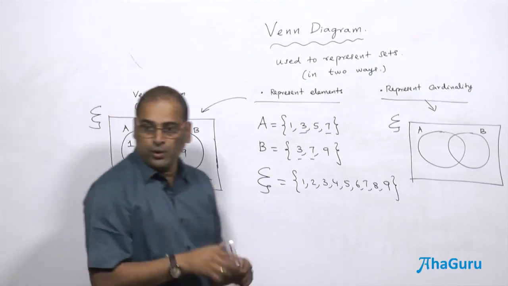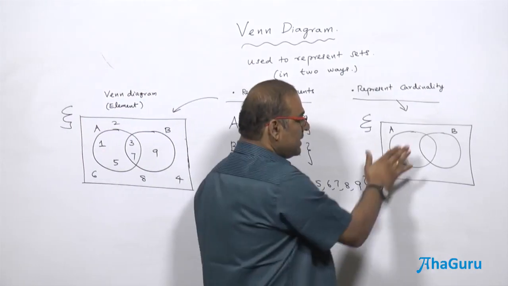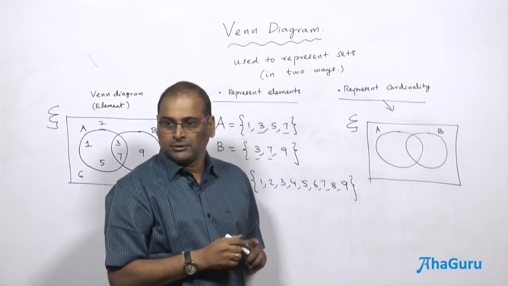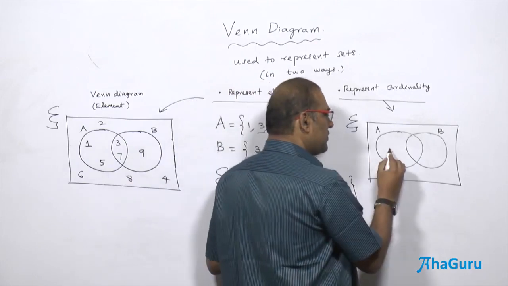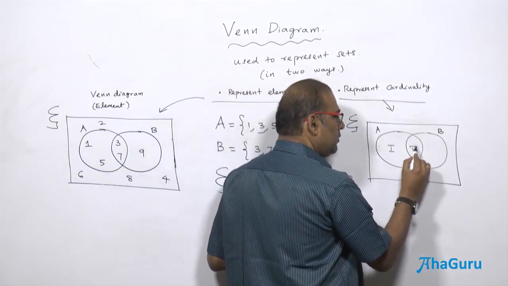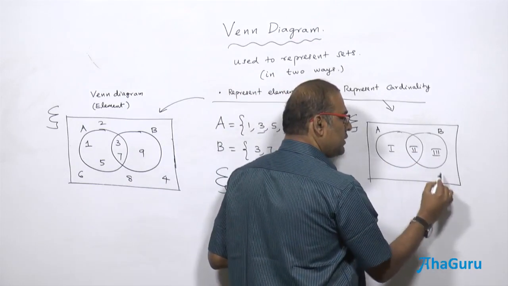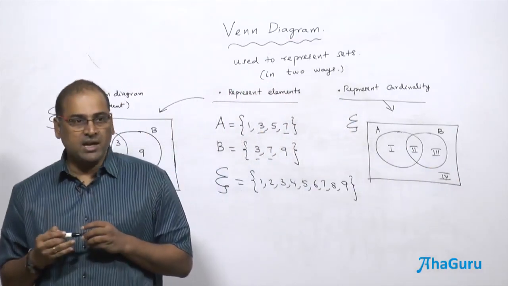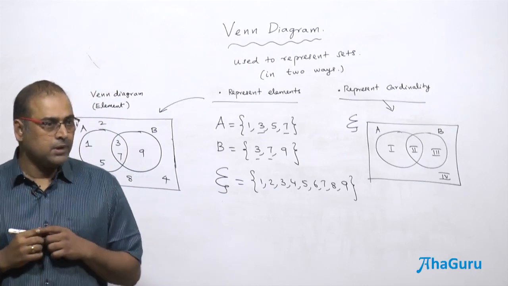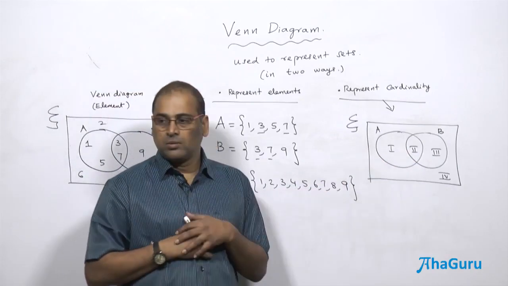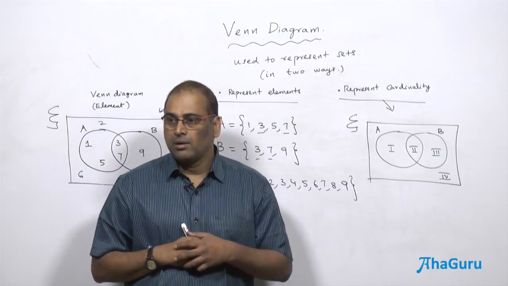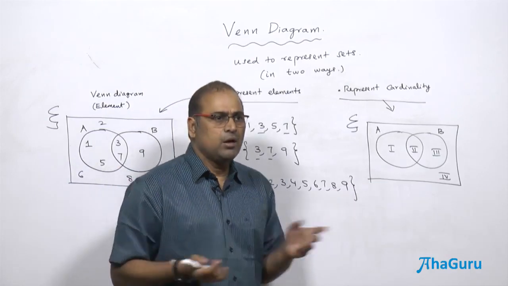But there are 2 regions, a region here and a region here. Now first let me just write 1, 2, 3, and this 4 outside, right? So what is that 1? A only. What is that 2? A and B. 3, B only. 4, not A, not B.